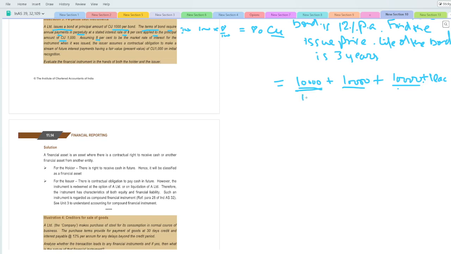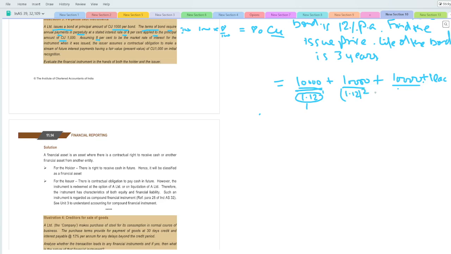So 1.12. How this 1.12 comes, I believe you should know. If I'm investing 1 rupee today, after 1 year how much will I get? 1.12, that is 12% on the 1 rupee. That's why it is 1.12 raised to the power 1, because I'm discounting at the end of the first year, then 1.12 squared for the second year.